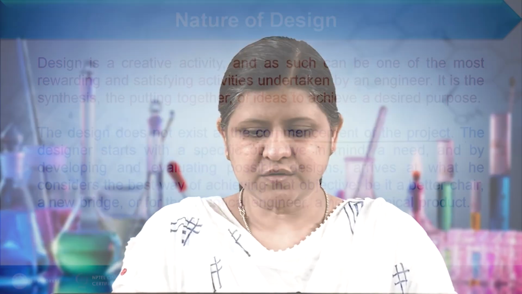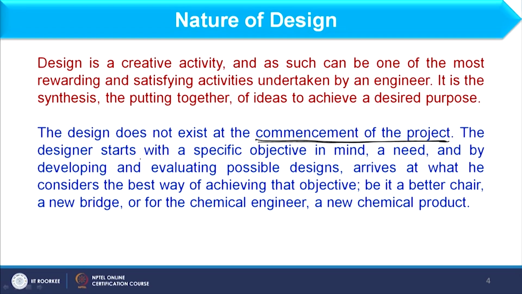The designer starts with a specific objective, evaluates different design possibilities, and arrives at the best way of achieving that objective. He has to think about different combinations of limitations, and accordingly reach the definite objective, whether it is a chair, a bridge, or a chemical product for a chemical engineer. That is the nature of design.